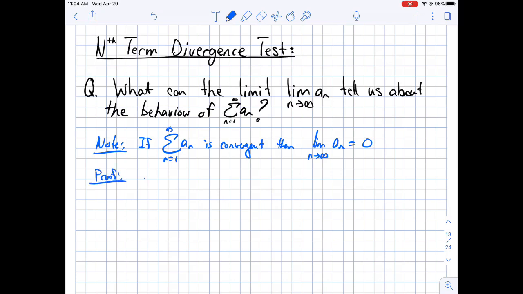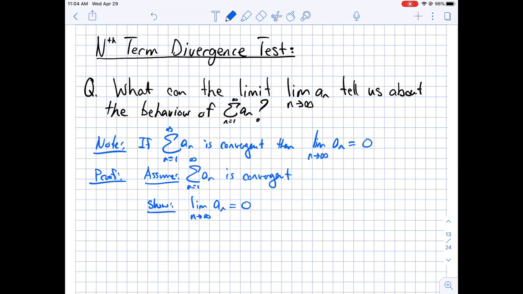So first off, we're going to be assuming that our series is convergent. And what we're going to be showing is that the limit as n goes to infinity of the terms being added up, that limit has to be 0.